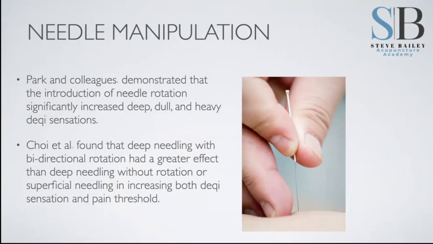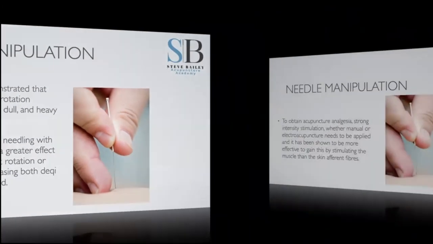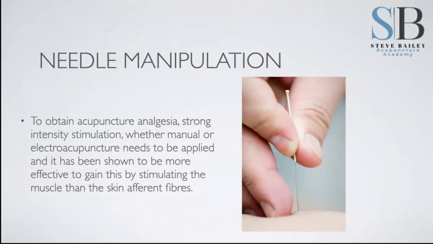Another study found that deep needling with bidirectional rotation had a greater effect than deep needling without rotation or superficial needling, with an increase in both deqi sensation and pain threshold. So that's just a taster on that one. Now, to obtain acupuncture analgesia, it's been recommended that you do need deep needling into the muscle with strong rotation, regardless of whether you're doing electro or manual.